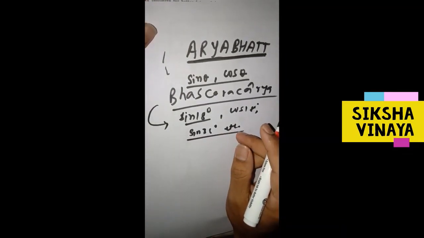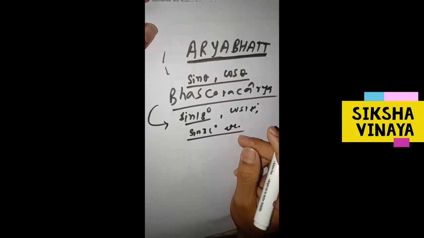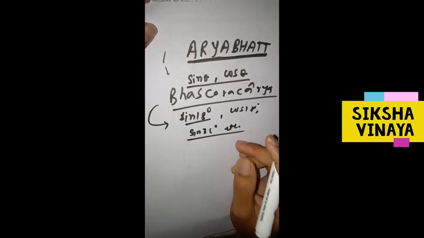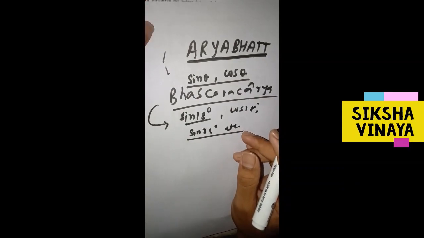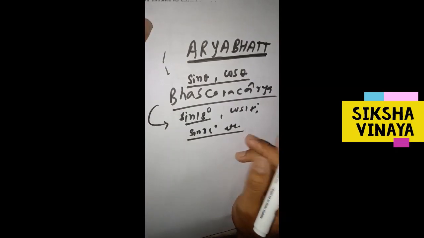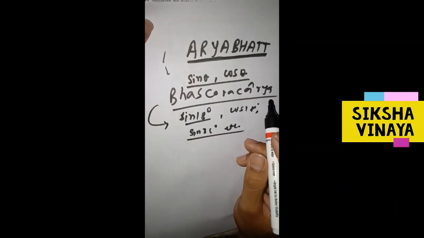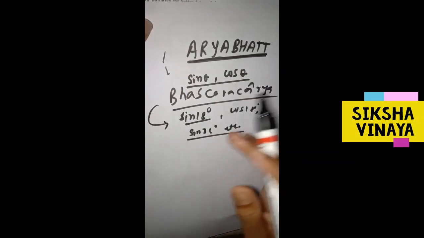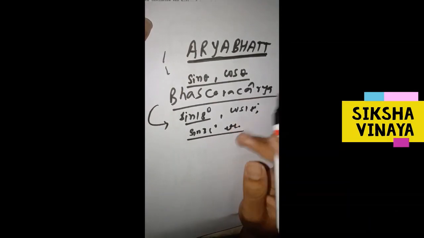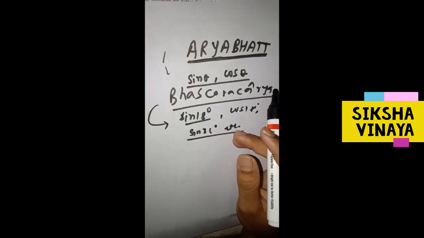And another important trigonometric ratio, tan theta or cot theta, like that, was discovered by Europeans and British English mathematicians, and also Greeks. So this is the history of trigonometry.